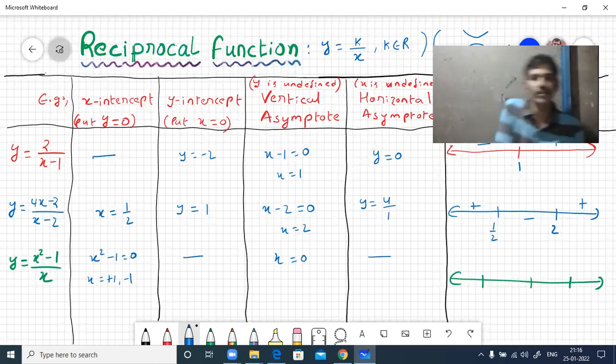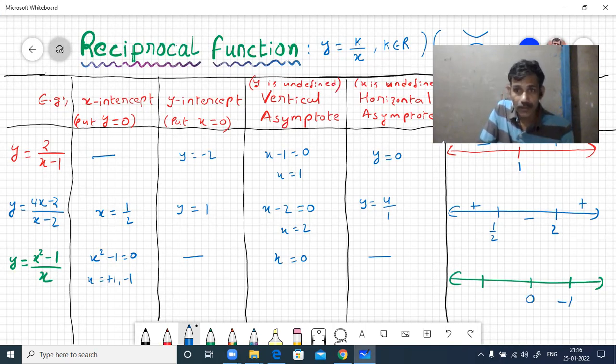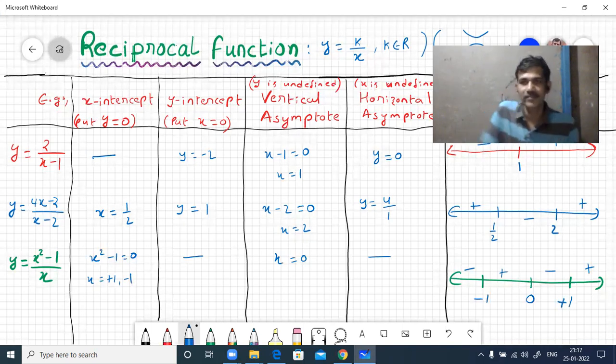Here three critical points are there: minus 1, 0, and 1. First this will be positive. Between 1 and 0, all positive proper fractions, it is negative. For all negative proper fractions, it is positive, less than minus 1, minus sign.